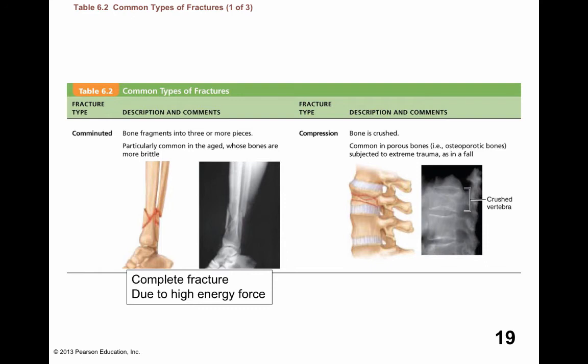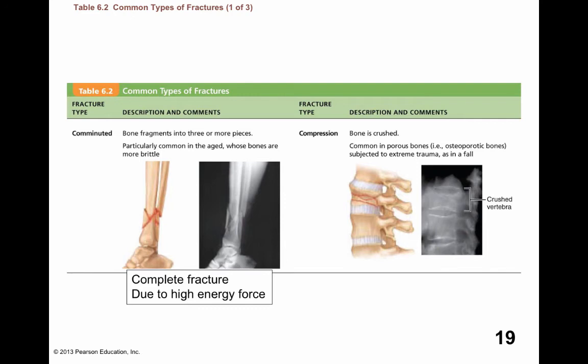Comminuted is an example of a complete fracture. It's normally due to high energy force. When you're looking at it, the bone fragments are in three or more different pieces. This is very common in the aged, people that have more brittle bones or osteoporosis.